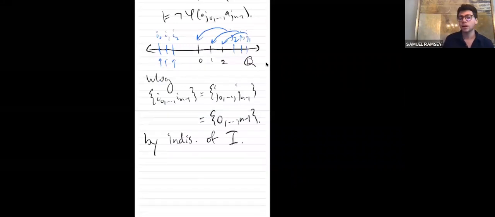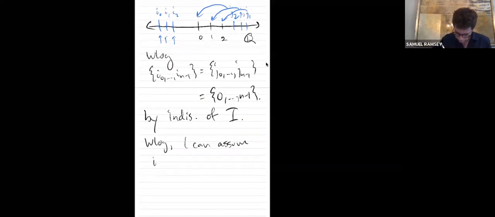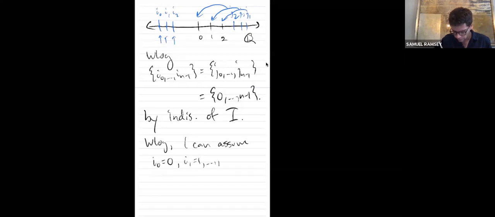Okay, now additionally, without loss of generality, I can assume that one of them is just 0, that i_0 equals 0, i_1 equals 1, dot dot dot, i_{n-1} equals n-1.